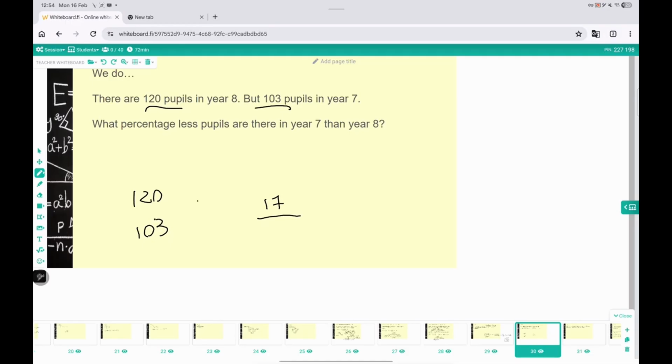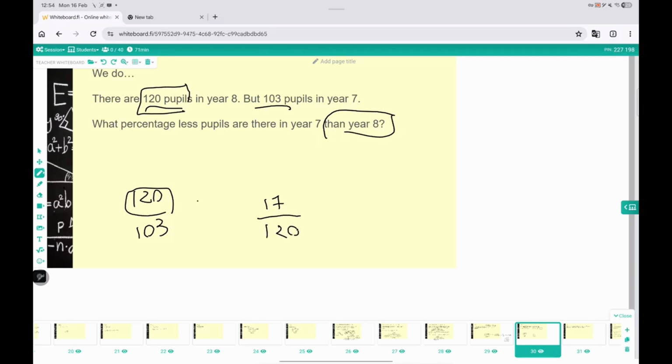If in doubt, I would go with the number that comes first in the sentence. But because they're saying how much less is year 7 than year 8, year 8 is what we're comparing the reduction to. So in this case, year 8 is the original, so it is 120.